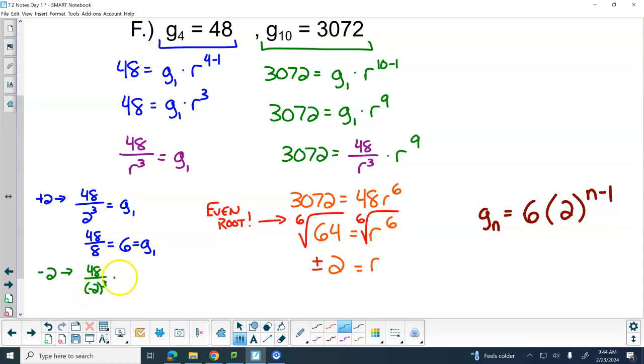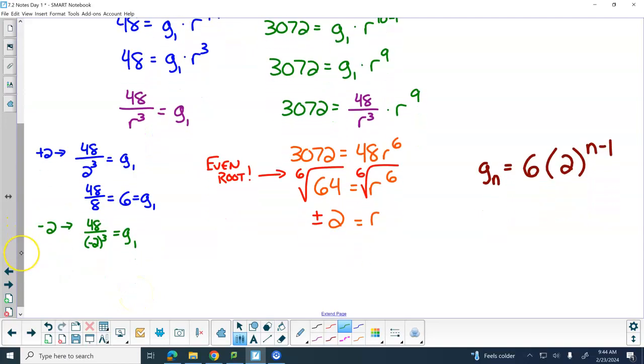What is negative 2 cubed? Negative 8. So this is 48 divided by negative 8, which is negative 6 as my first term.